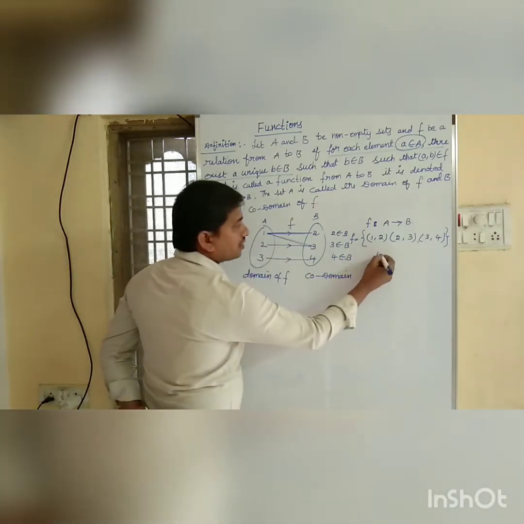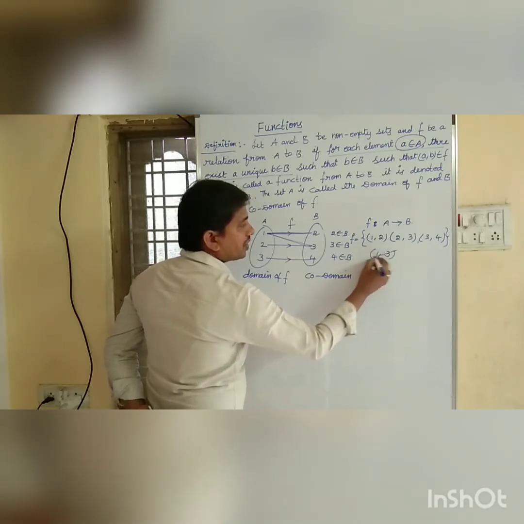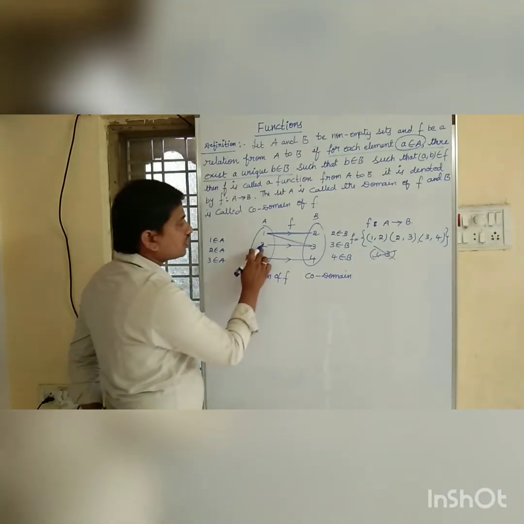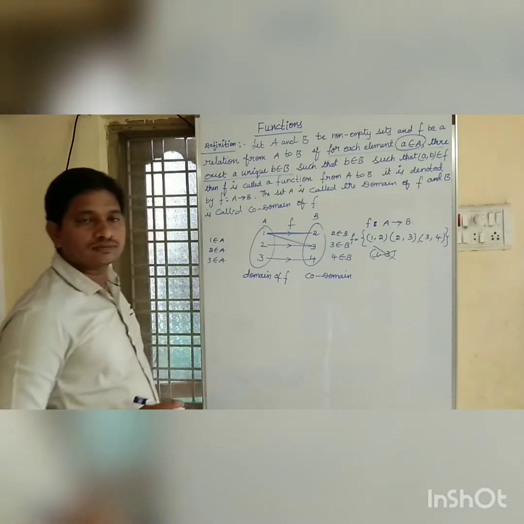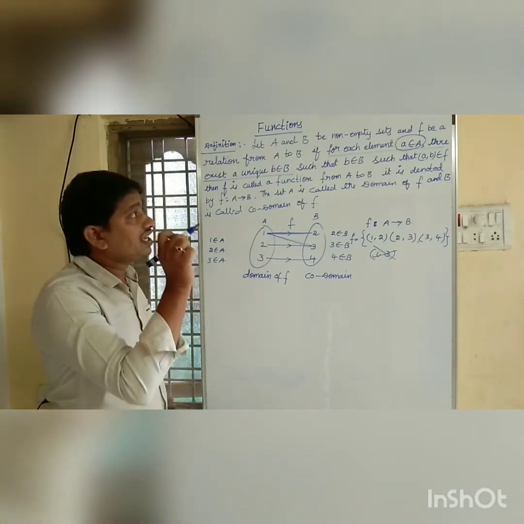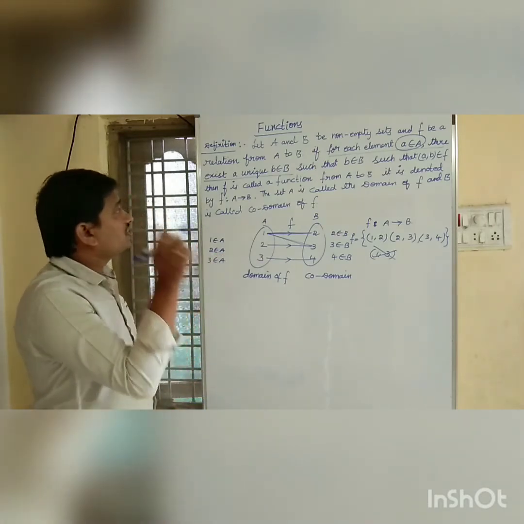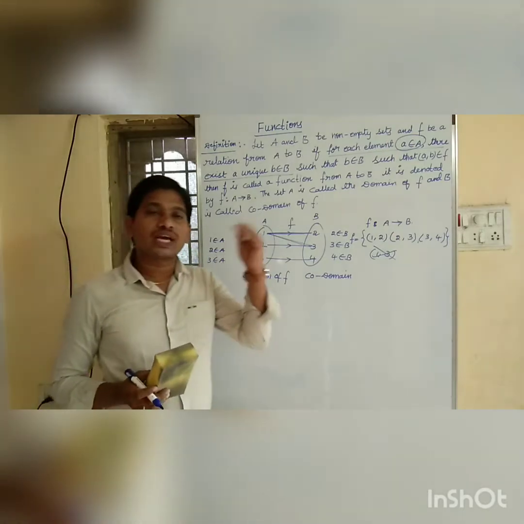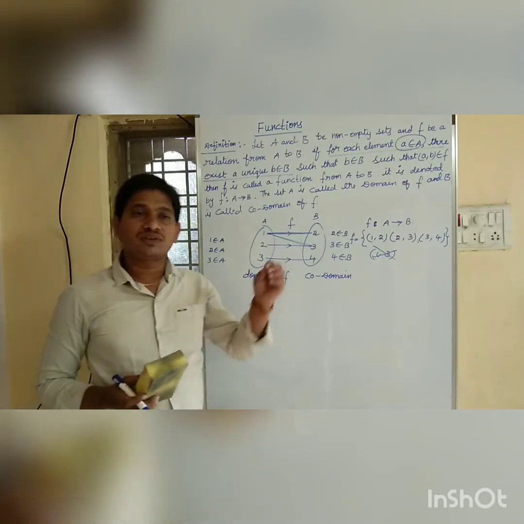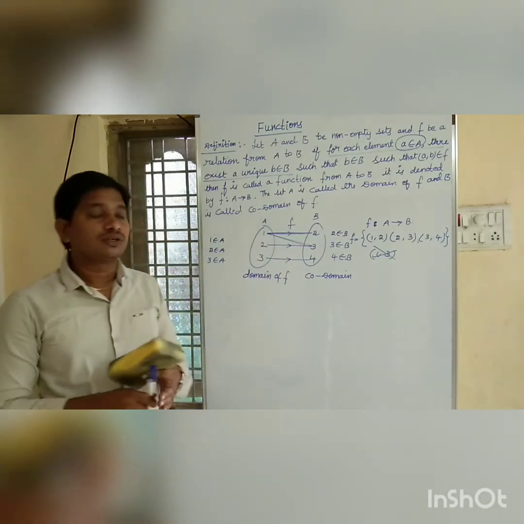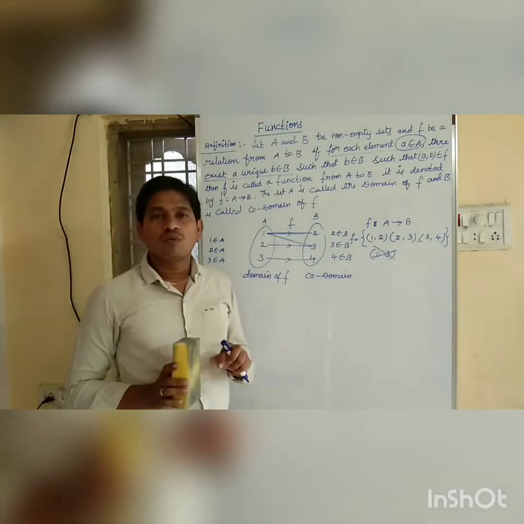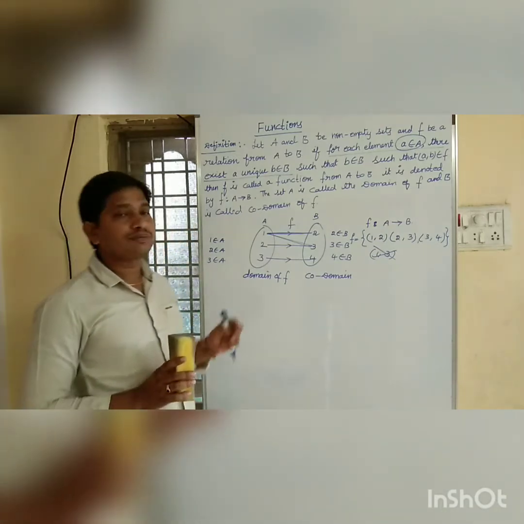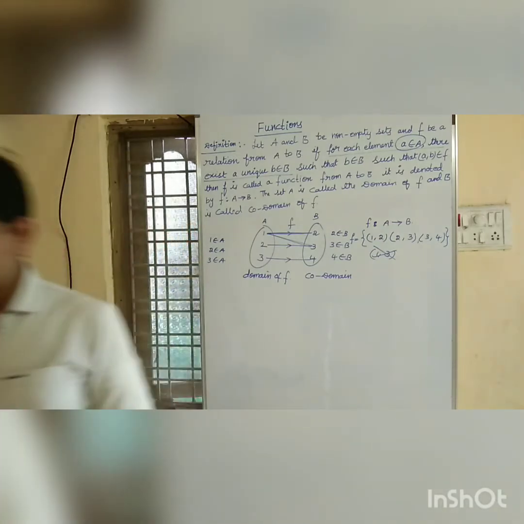No children, 1 should not map with 3, because 2 is already mapping with 3. For each element of A, there exists a unique element b belonging to B. When we discuss the types of functions, you will understand exactly what a function means. So let us now discuss the types of functions.